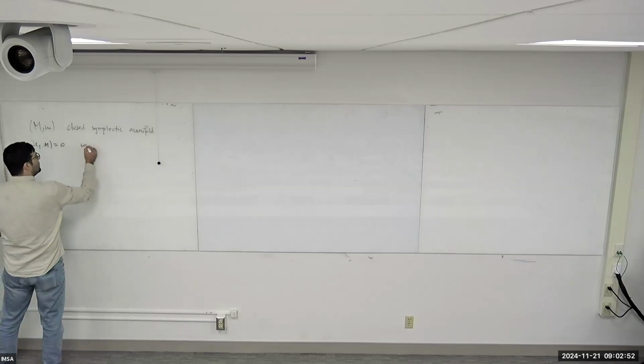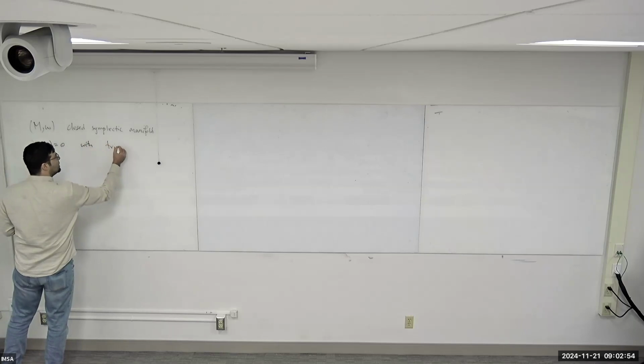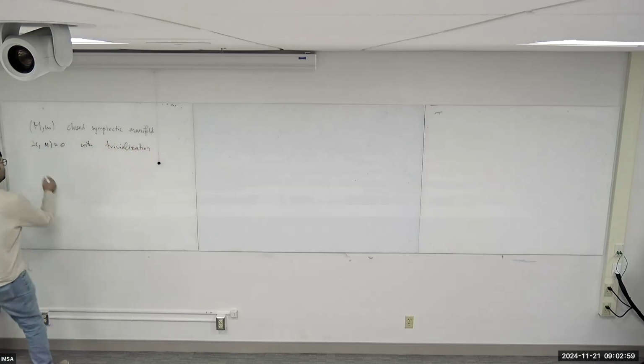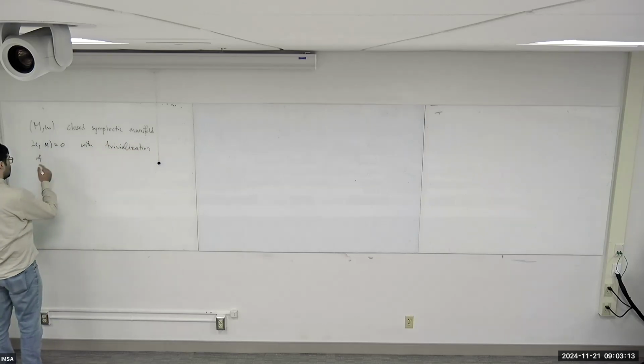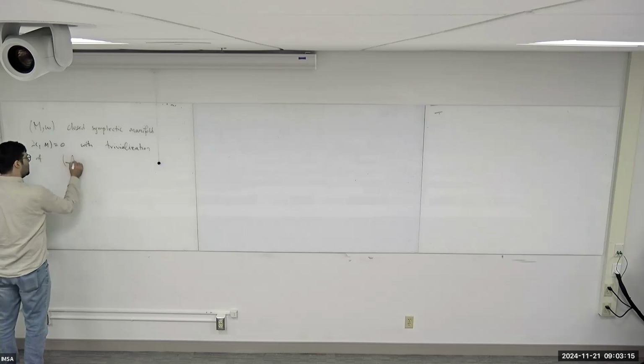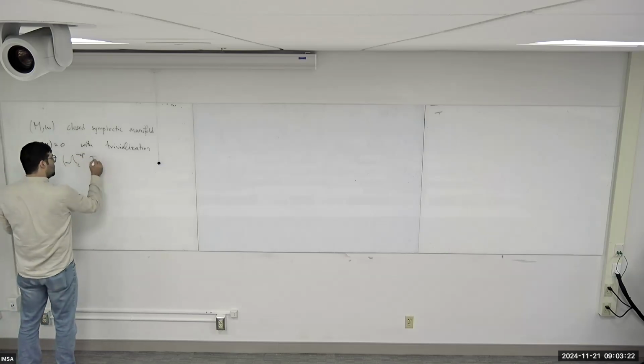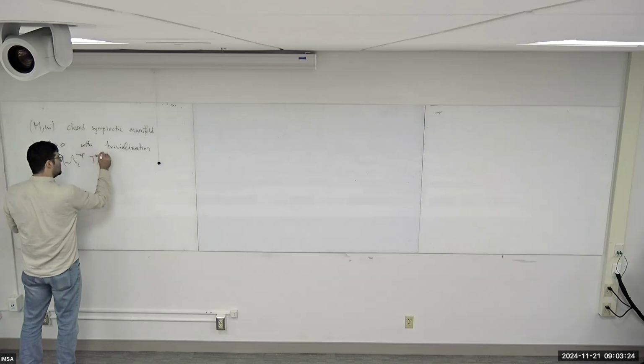But also with a trivialization of the bundle that this is the obstruction to having a section of, so I will include a section with the trivialization of the top exterior power.